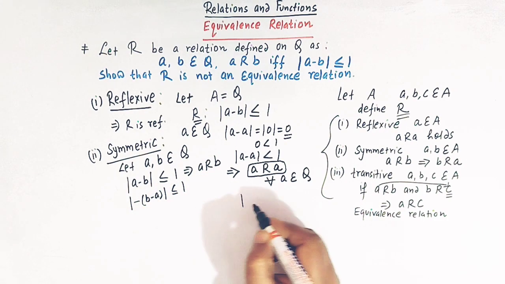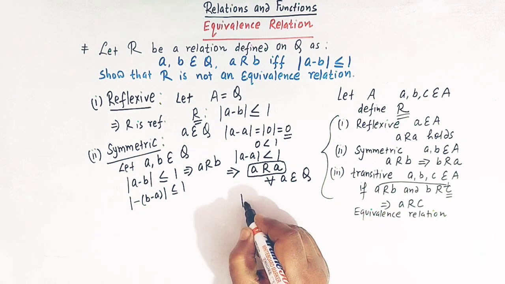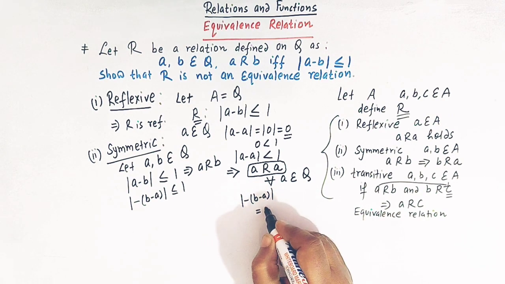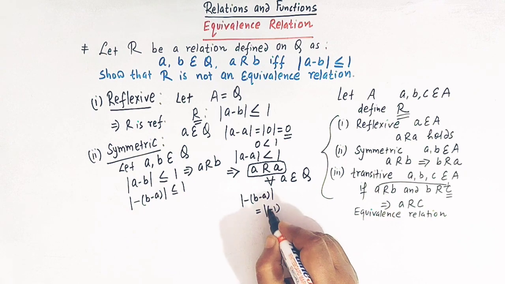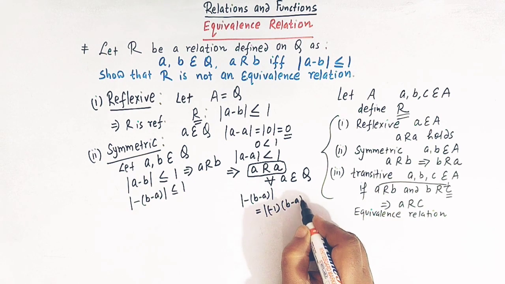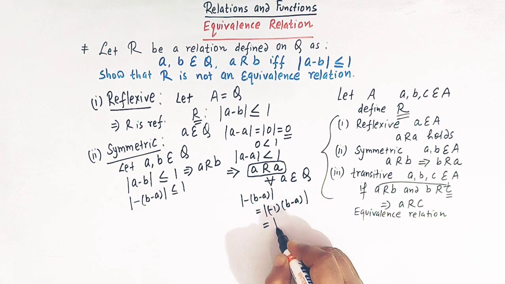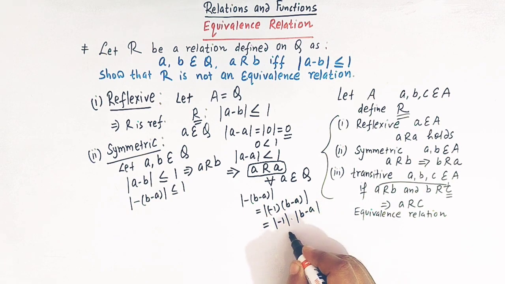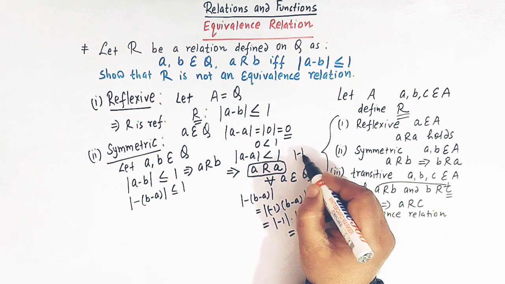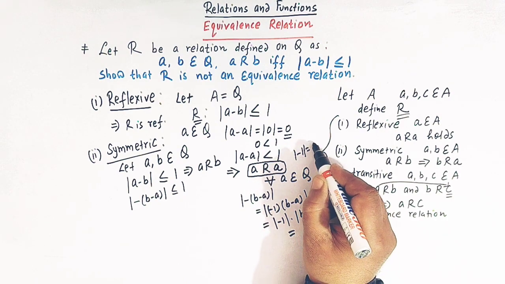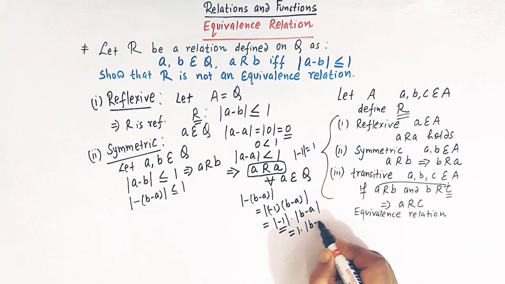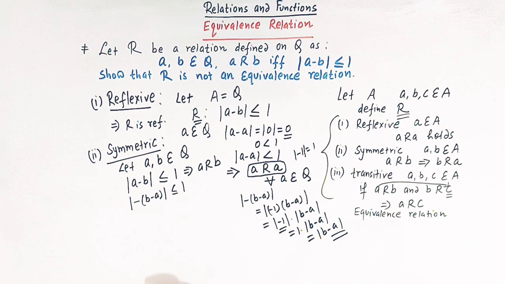We can easily see that mod of negative B minus A can be written as mod of minus 1 times B minus A, which is equal to mod of minus 1 times mod of B minus A, and mod of minus 1 is equal to 1. So this is 1 times mod of B minus A, that is mod of B minus A, right?